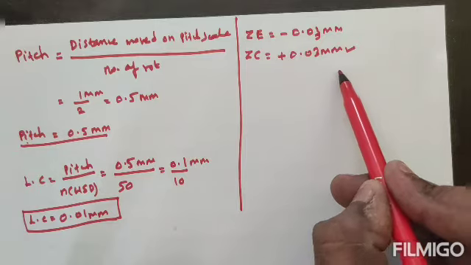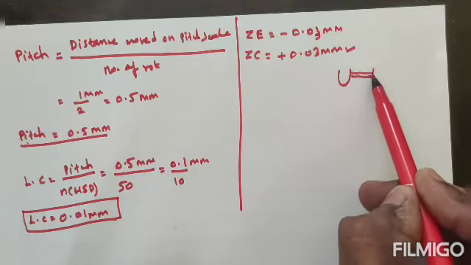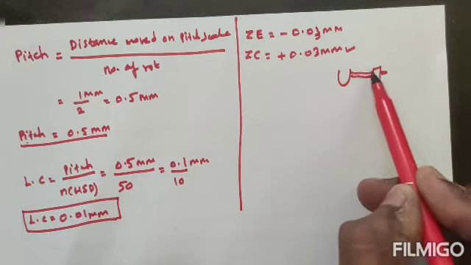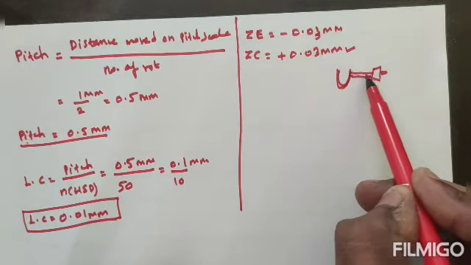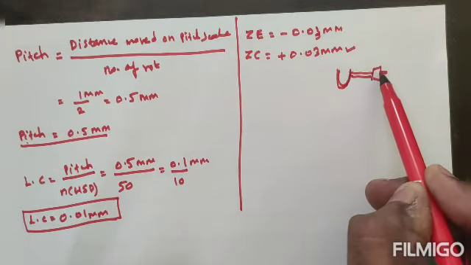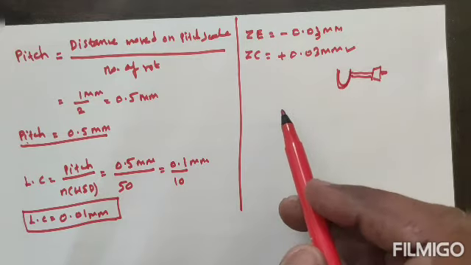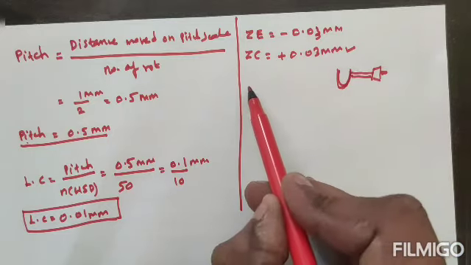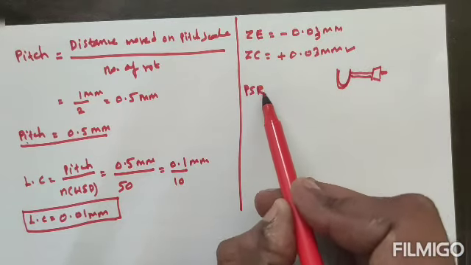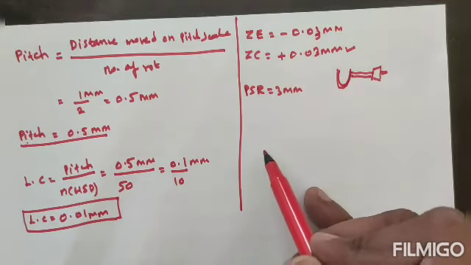Just to remind you, this is the main scale or otherwise pitch scale, and this is the head scale or otherwise circular scale. So the main scale reading is 3 millimeter, that means the pitch scale reading is 3 millimeter.